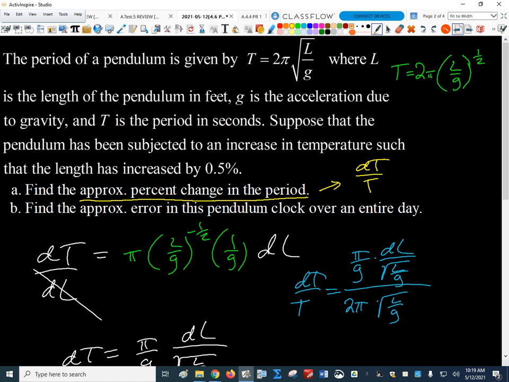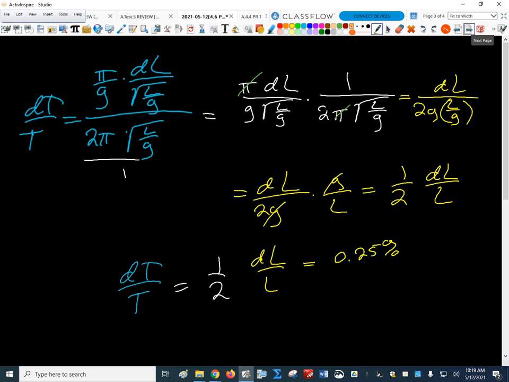Yeah, if I know what dT is for one period, I would have to multiply that by, I'd have to figure out how many periods there are in one given day, right? Does that make sense? We won't go through all the math on that. There's just kind of a conceptual question.